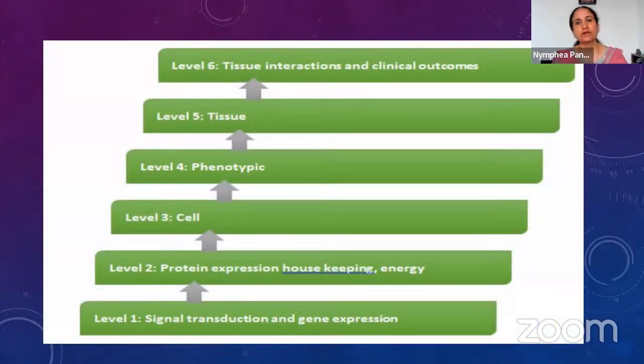So this was explained in a very intricate way, and they studied the intracellular component. They studied how signal transduction occurred, how gene expression occurred, what the level of protein expression was, which cytokines were being manufactured in that local area, what tissue was involved, and what the ultimate clinical outcomes were.